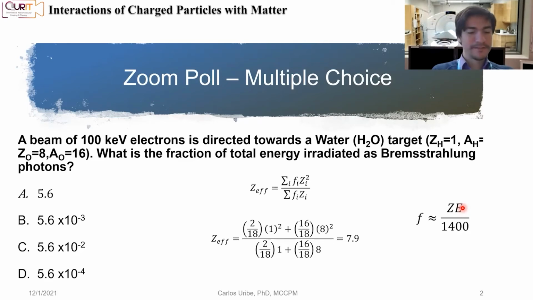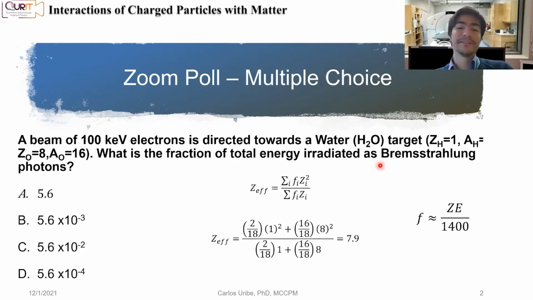We have 7.9 times 0.1 divided by 1400. So it's 5.6 times 10 to the negative 4. So yes, the correct answer is D. Is this clear now? That's how you can more or less estimate the contribution of Bremsstrahlung if you have a mixture of elements, like a molecule of water.